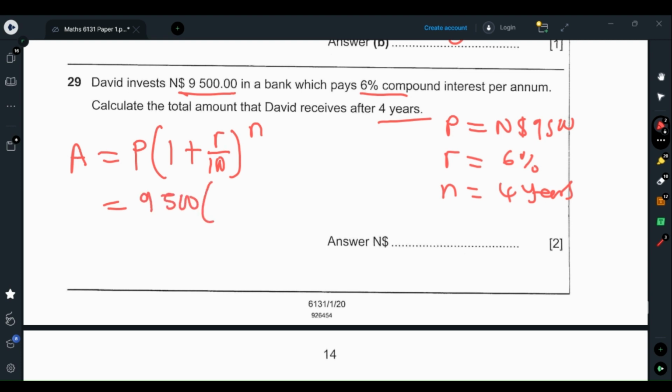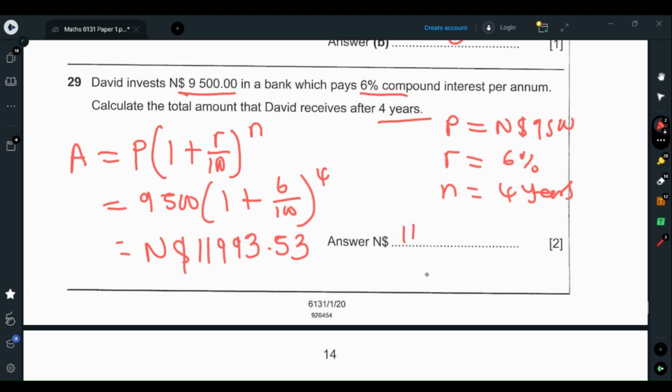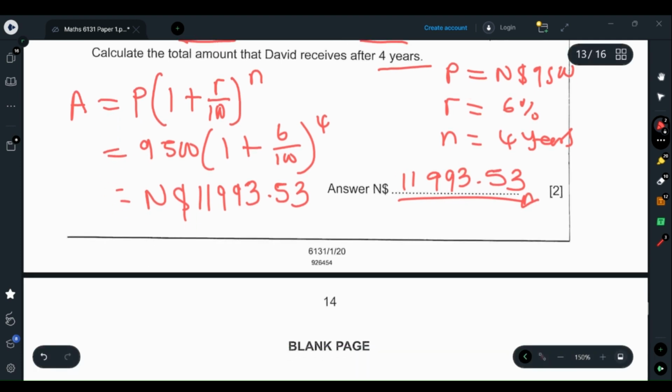Therefore, this becomes 9,500 multiplied by 1 plus 6 over 100 to the power 4, which gives us, so David will receive 11,993.53. So David receives 11,993.53 at the end of 4 years.